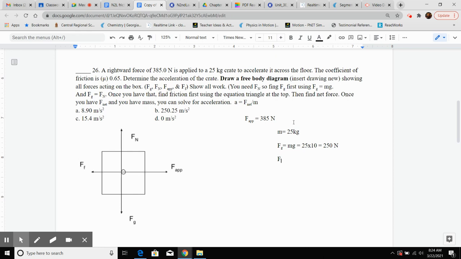Now, normal force and gravity or weight are equal. So Fn is going to equal 250 newtons. They give us mu here as 0.65.